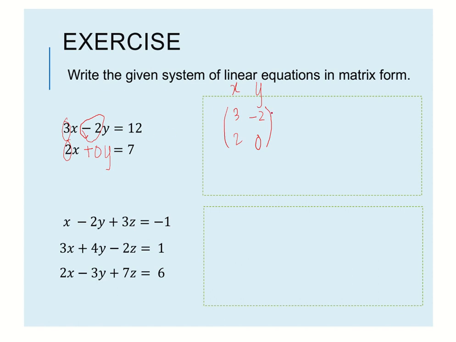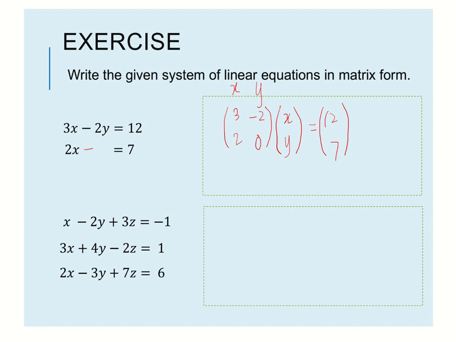Then the second matrix will be the variables. So it will be x and y in a column arrangement. And the third matrix after the equal sign will be the result. It will be 12 and 7.